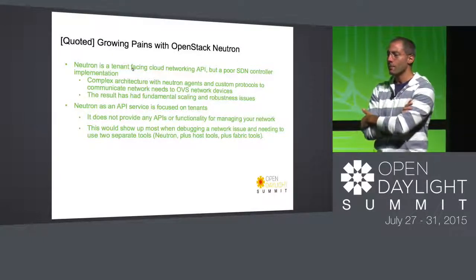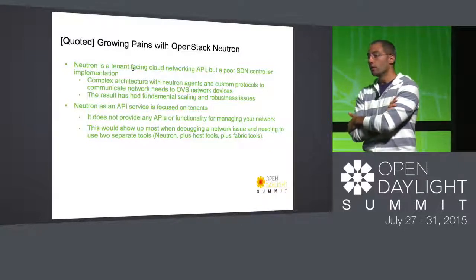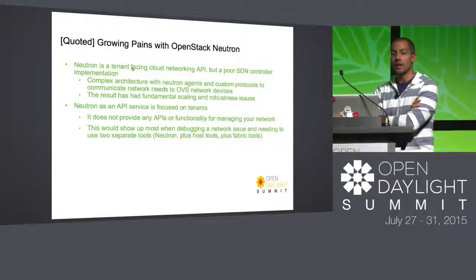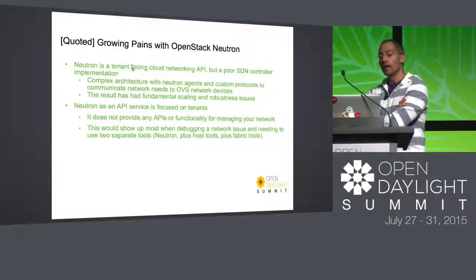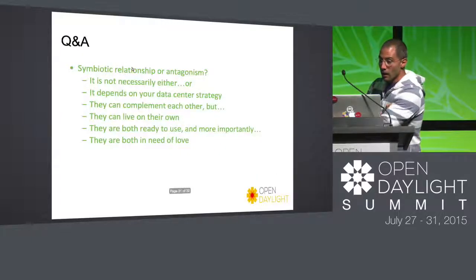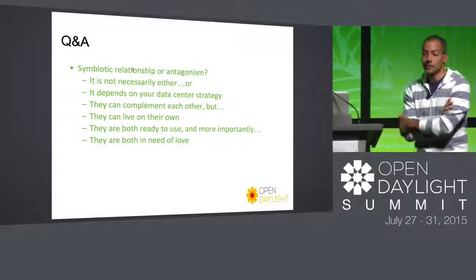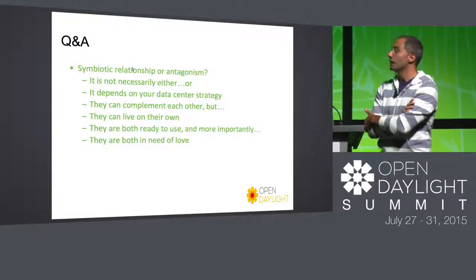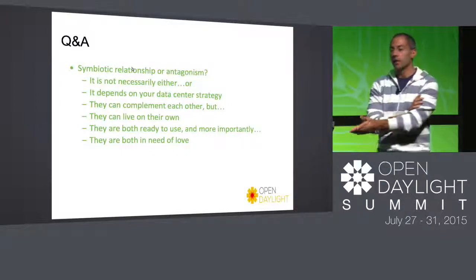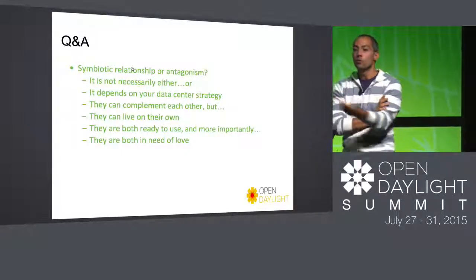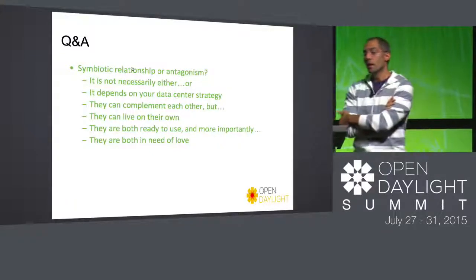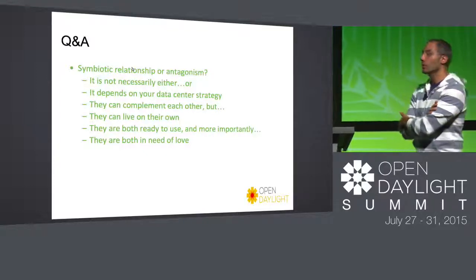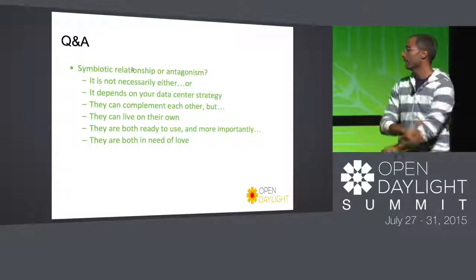My personal view is that the two projects are meant to cooperate with each other, because they address different needs. Can this be considered a symbiotic relationship? In my opinion, it can, and it's not necessarily one option over the other. You can use solely one over the other, but they do complement each other. We'd love Neutron to say, you know what, this complexity bubble, it's your problem, you go figure it out.